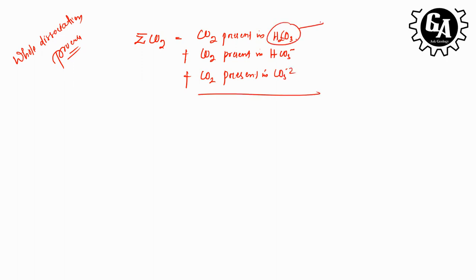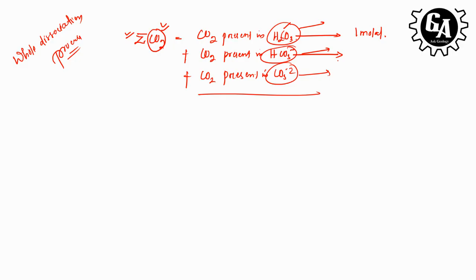Because H2CO3 contains carbon dioxide, HCO3 minus also contains carbon dioxide, and CO3 minus 2 also contains carbon dioxide. So in the whole system, all this carbon dioxide will add up to the whole sum of carbon dioxide.